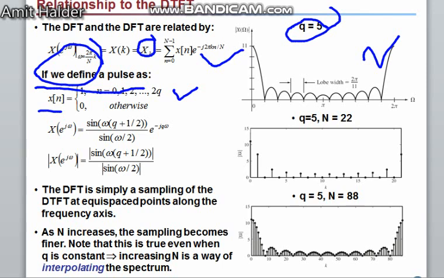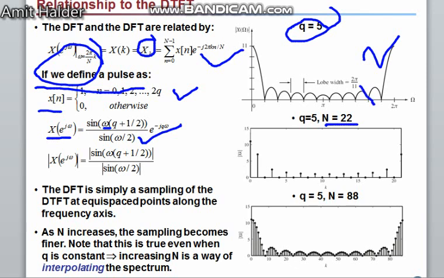Okay, X(e to the power j omega), the sine, that is the sinc function, as you can see, sine theta divided by sine theta plus something, whatever it might be, e to the power minus j q omega. Okay, all things are correct. You put the value there, just put q equal to 5 and N equal to 22.